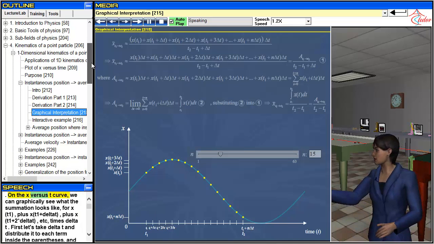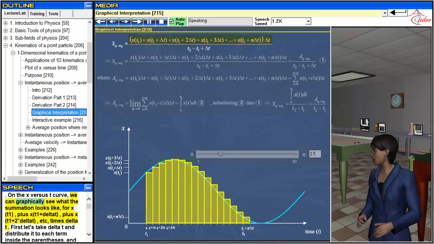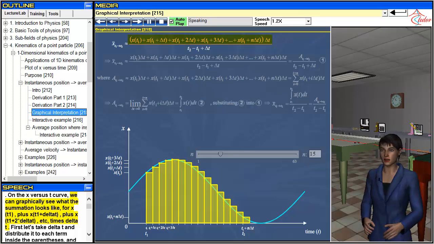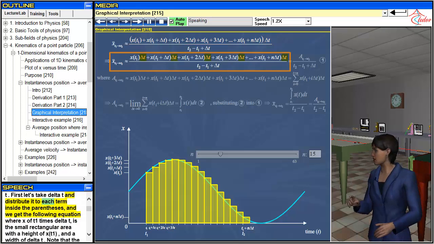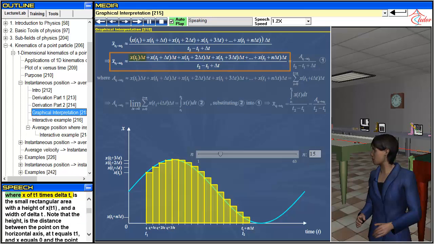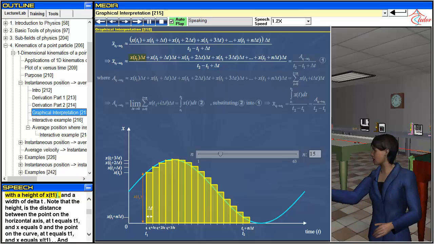On the x versus t curve, we can graphically see what the summation looks like for x of t1 plus x of t1 plus delta t, plus x of t1 plus 2 delta t, etc., times delta t. First let's take delta t and distribute it to each term inside the parentheses, and we get the following equation, where x of t1 times delta t is the small rectangular area with a height of x of t1 and a width of delta t.